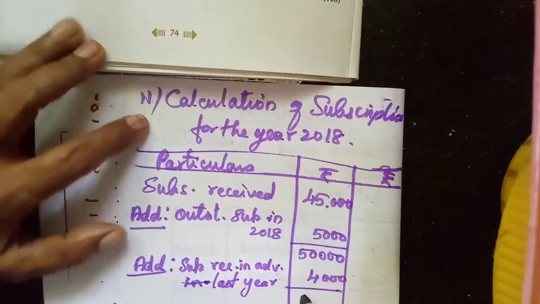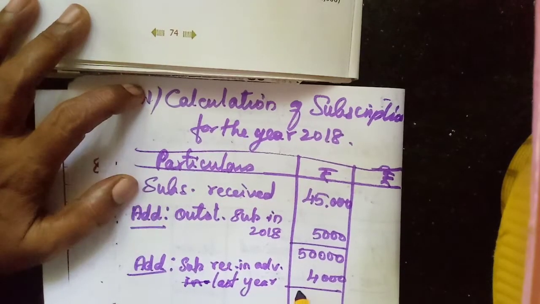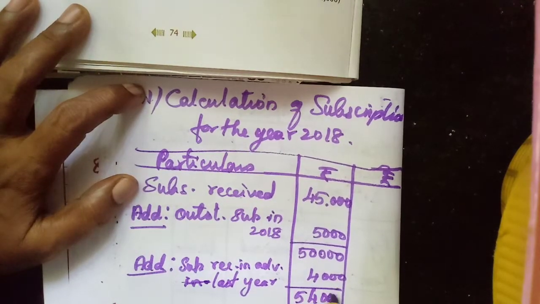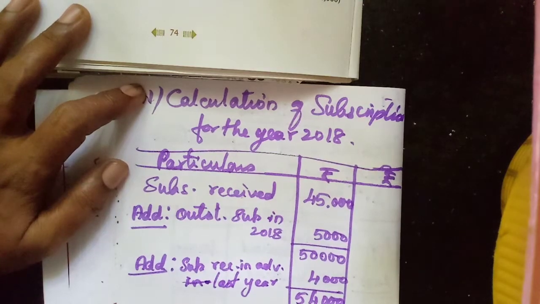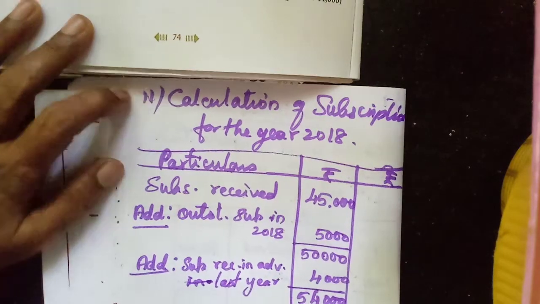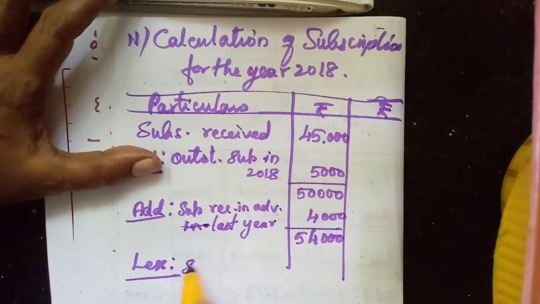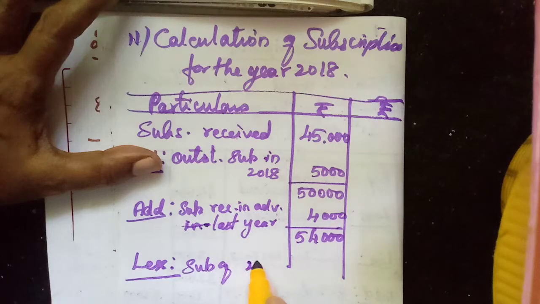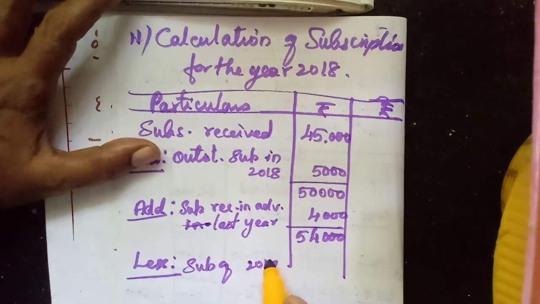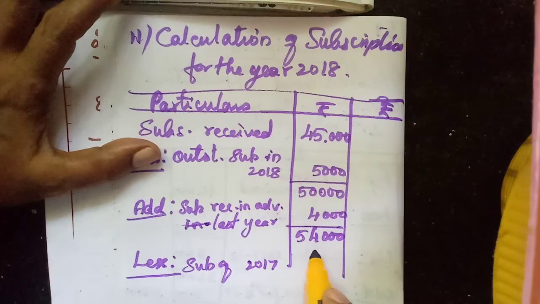That one is related to the current year. So 54,000. Now less: received in advance, then subscription of 2017, outstanding subscription, the first item, 3,000.